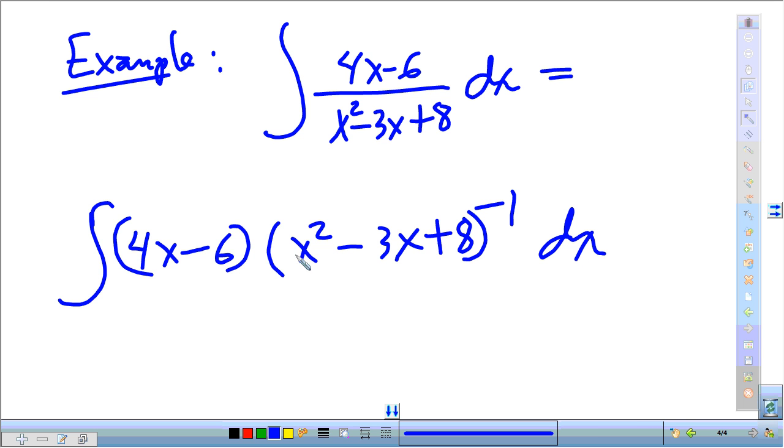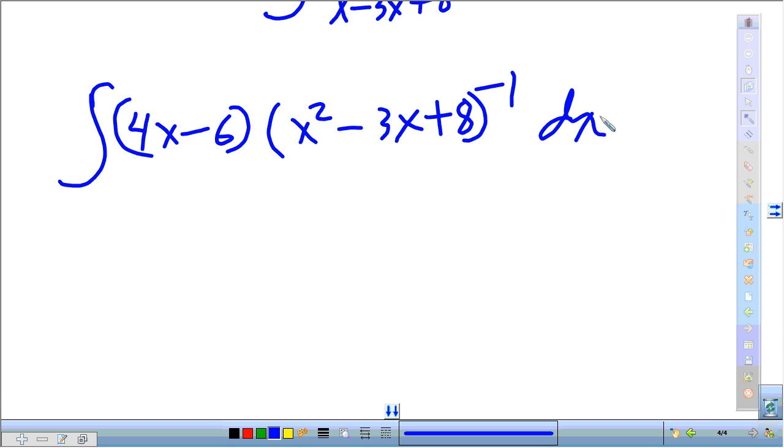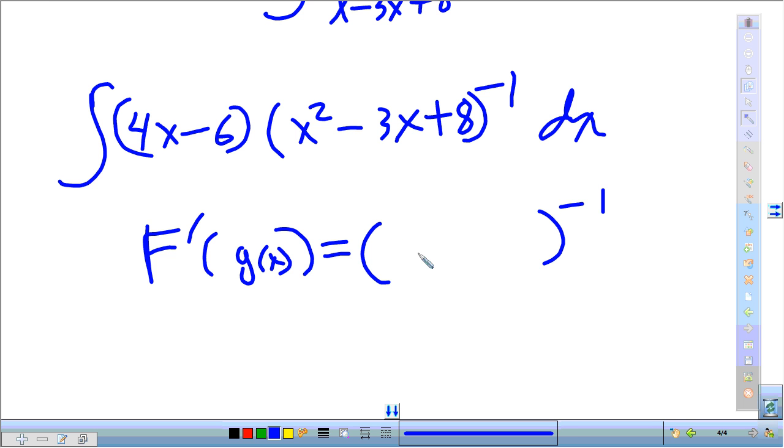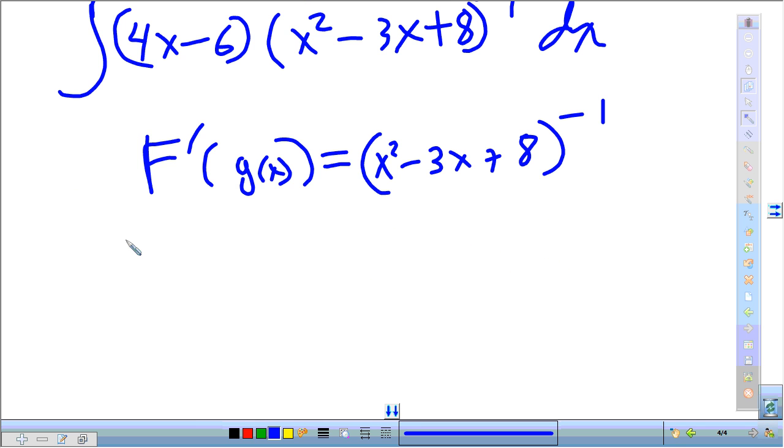And so the part with the -1 exponent is the part that looks like a composition of the -1 power of x squared minus 3x plus 8. So that gives me the parts.